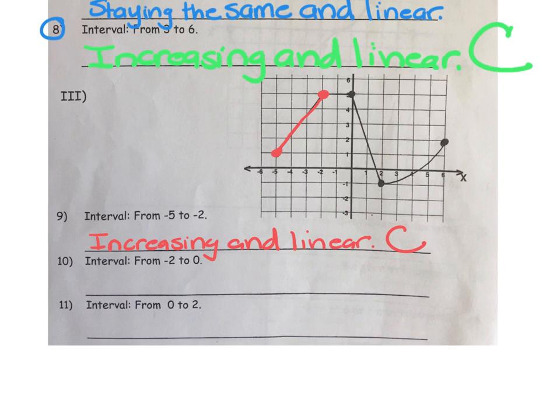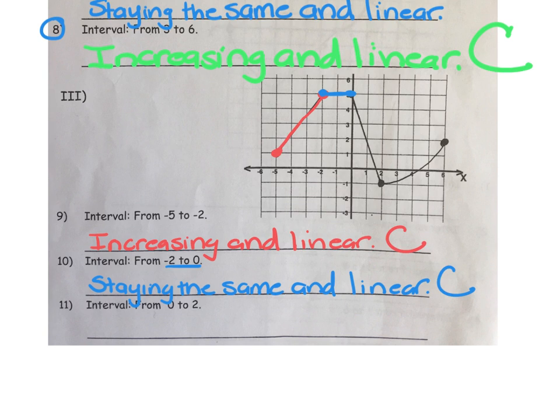For number 10, -2 to 0, you should be looking at this portion of the function. You should have stated that it's staying the same and linear.